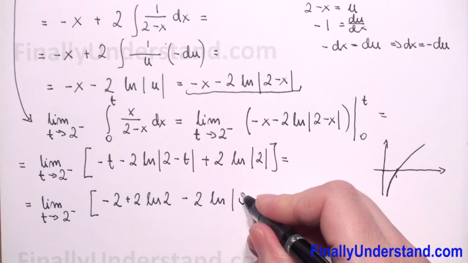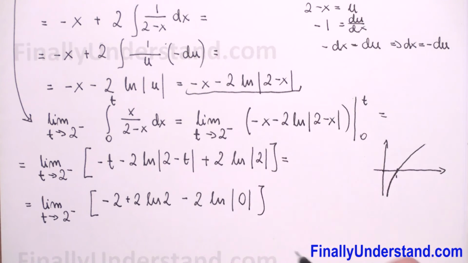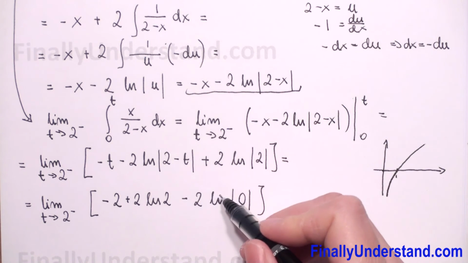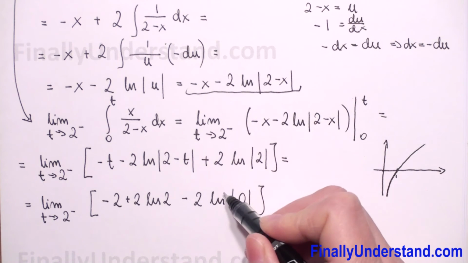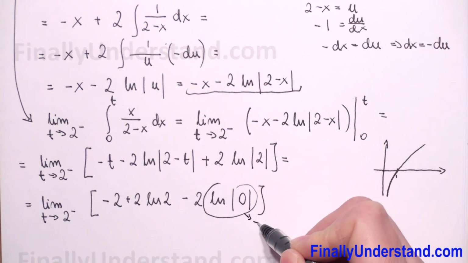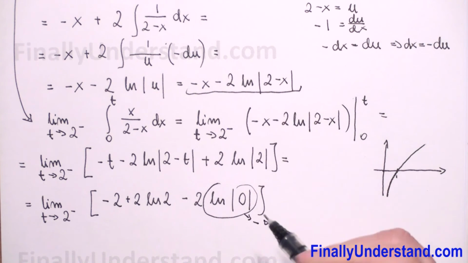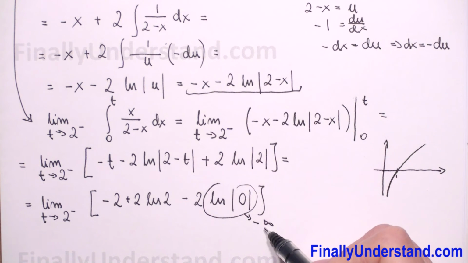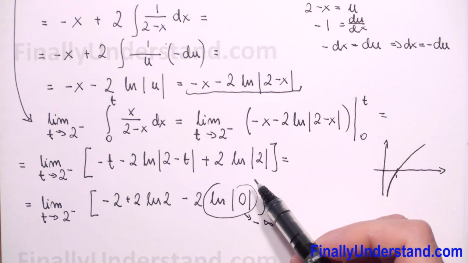Let me write this here, 0. So when we are going to 0, our logarithm is going to negative infinity. So this whole expression, natural logarithm, goes to negative infinity. When we multiply negative 2 times negative infinity, it will be positive infinity.